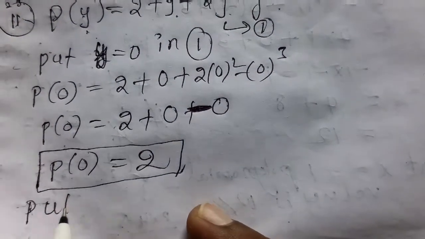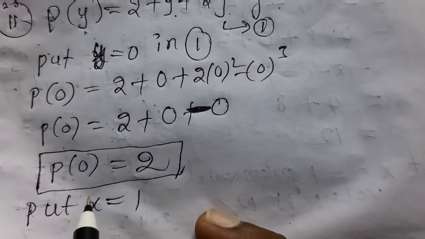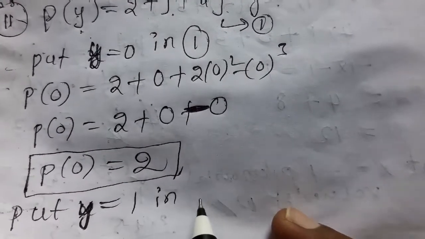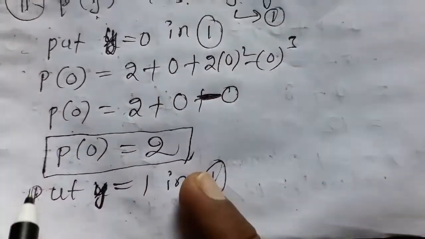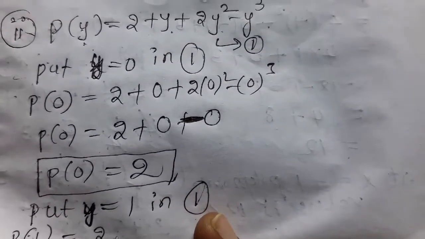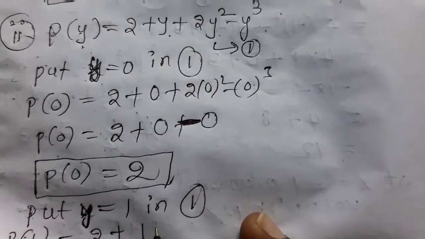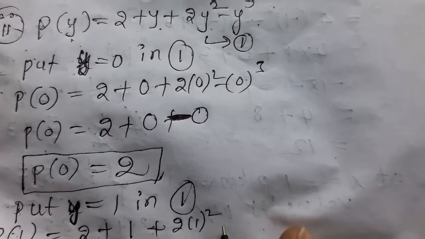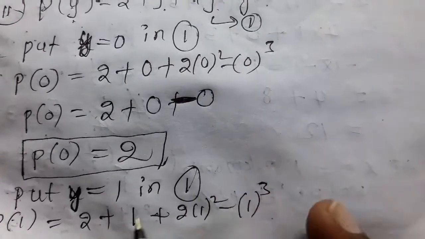Now put y equals to 1 in equation 1. See here, P of 1 equals to 2 plus, in the place of y we put 1 plus 2 into 1 whole square minus 1 whole cube, isn't it?